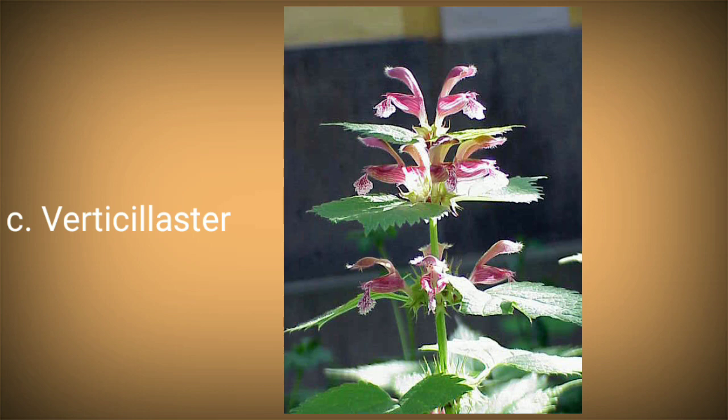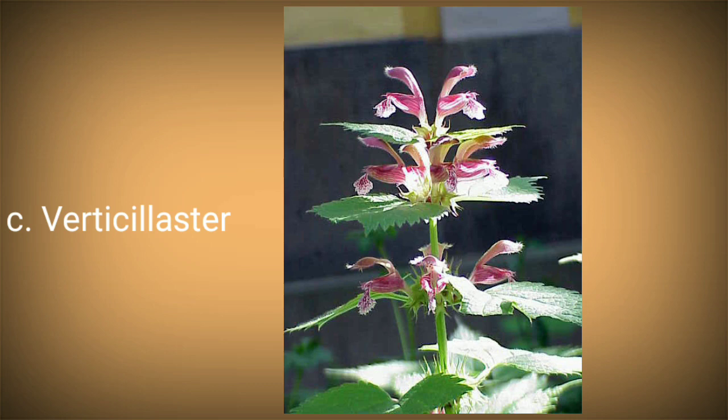In case of plants like Tulsi or Leucas aspera, which in Assamese we call drunbon, the axils of the opposite leaves at the node bear such kind of inflorescence.